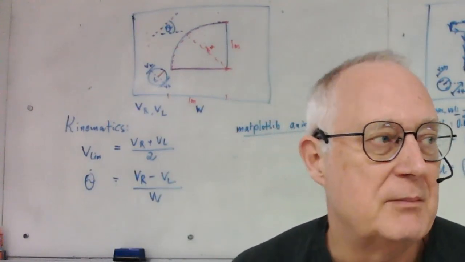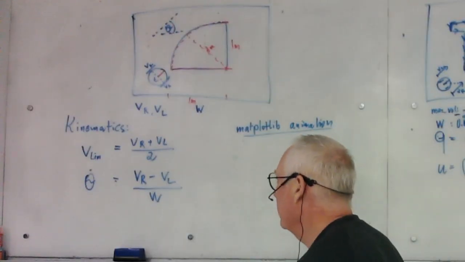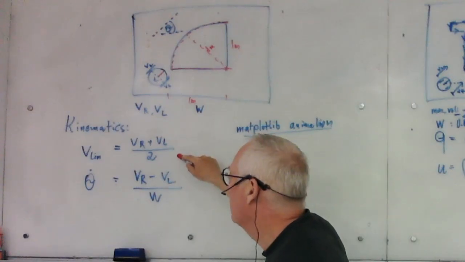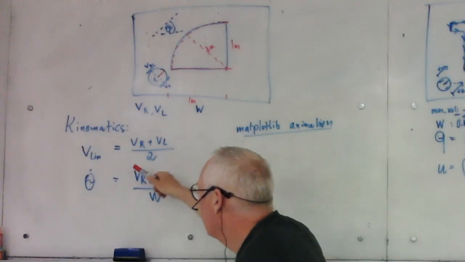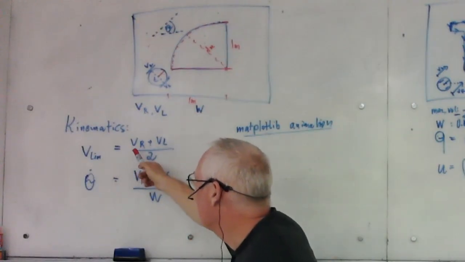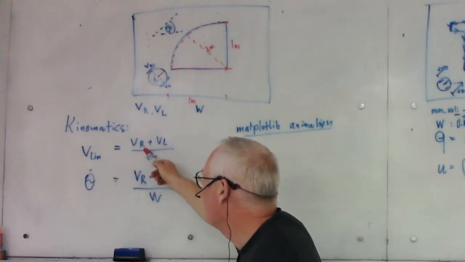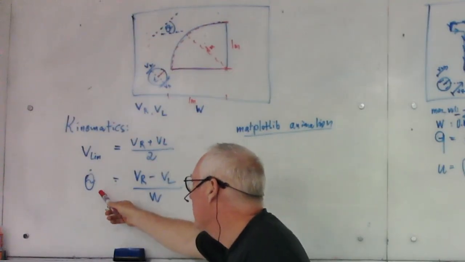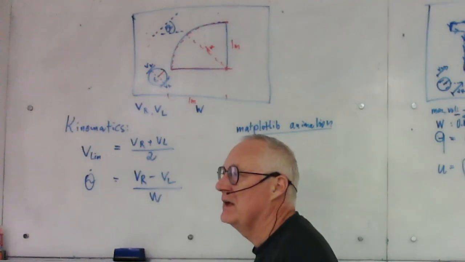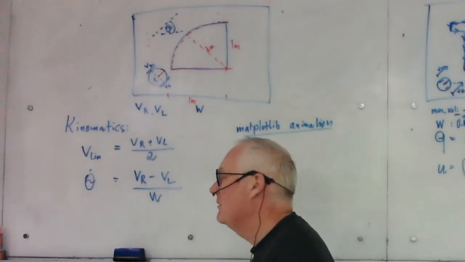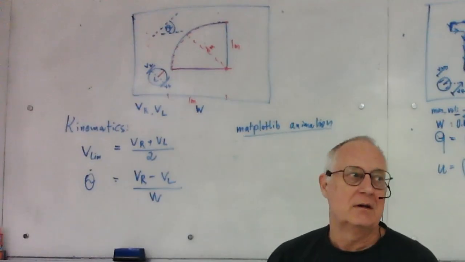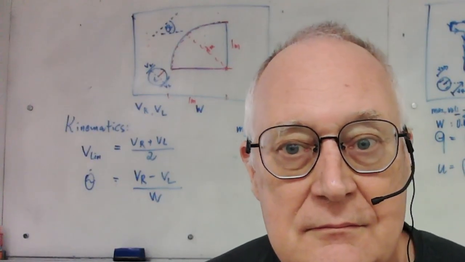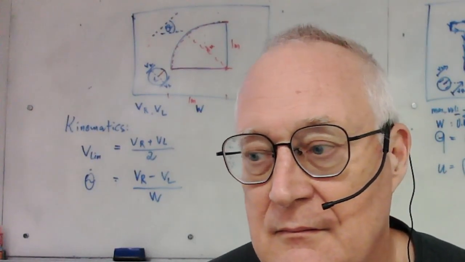In order to implement that, you need to set the controls and the kinematics for a wheeled robot with differential drive steering. You get a linear velocity component, which is the average of the right and the left wheel velocity, and you get an angular velocity, which is the difference between the right and the left wheel divided by the width of the robot. They are supposed to use Python within the Colab environment.